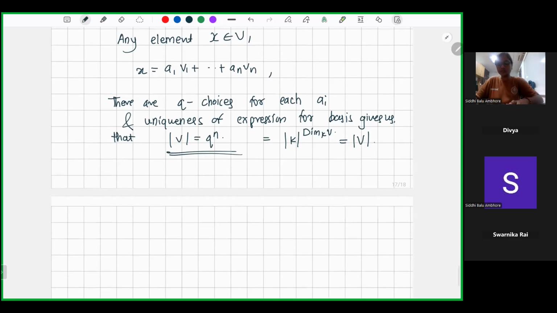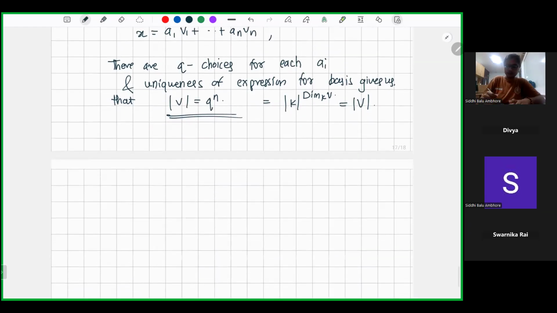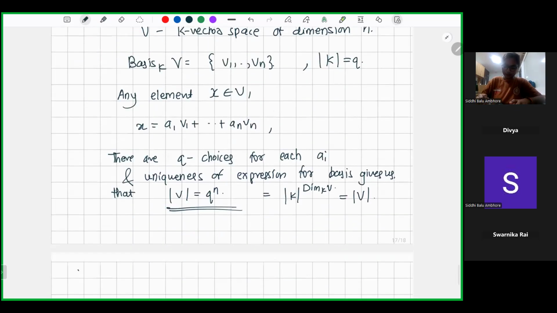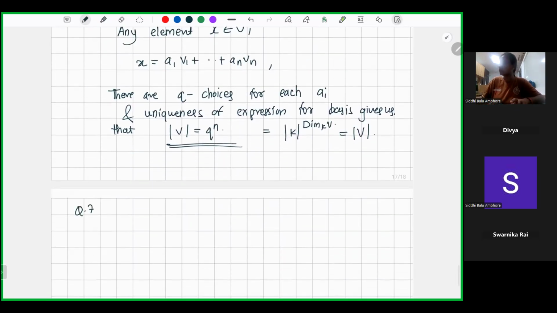You can use this whenever you want. We are almost there, we are about out of time, but let us prove this one.